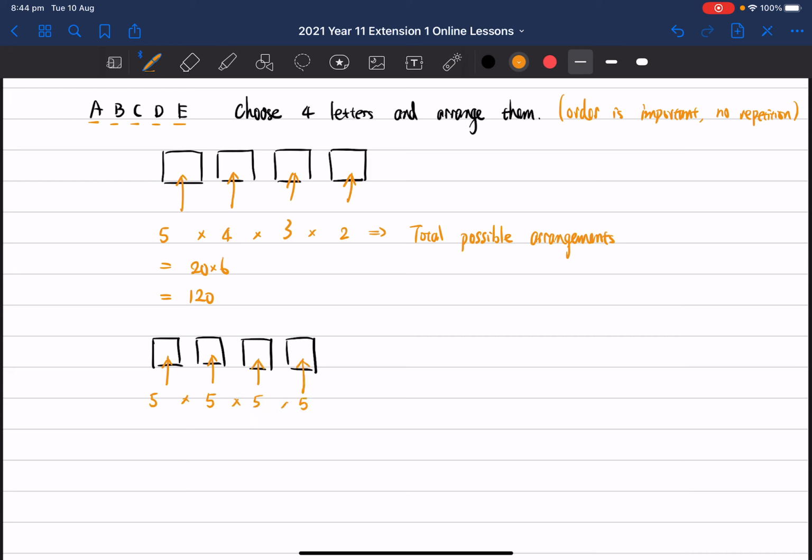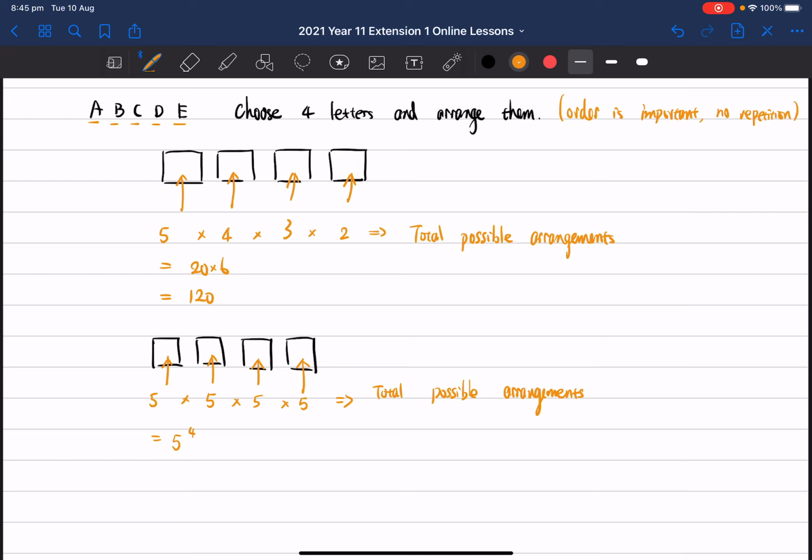So in total, we have 5 to the power of 4 possible ways of choosing those letters. That becomes the total possible arrangements here. As you can see, you'll have definitely more possible arrangements if repetition is allowed, because you can choose the A multiple times.